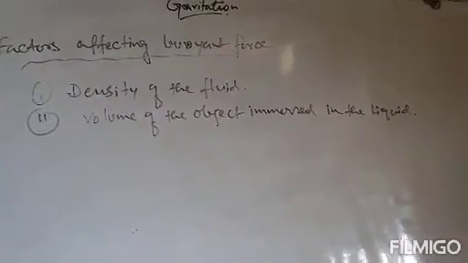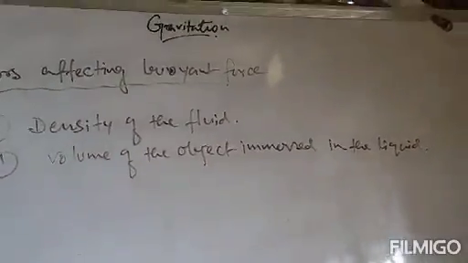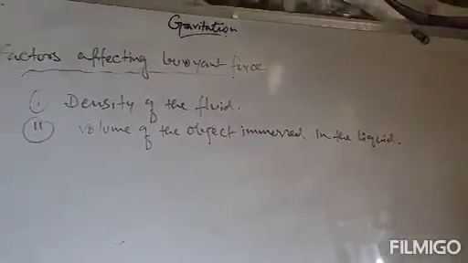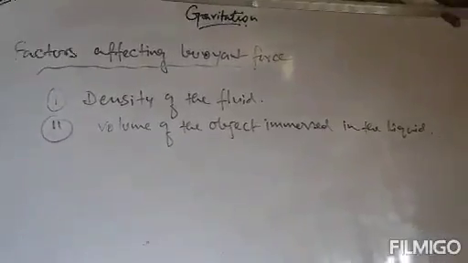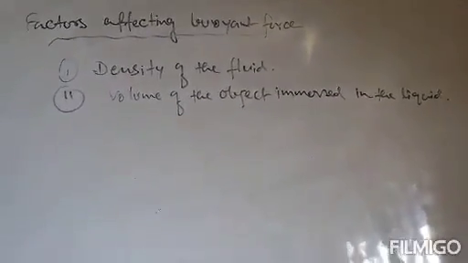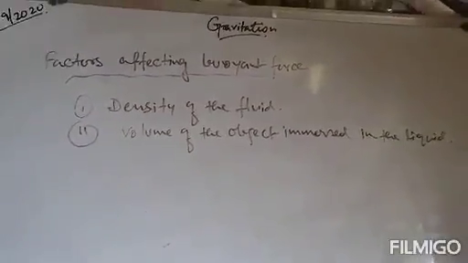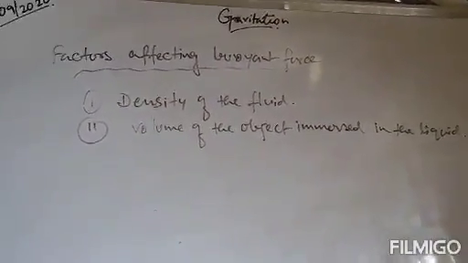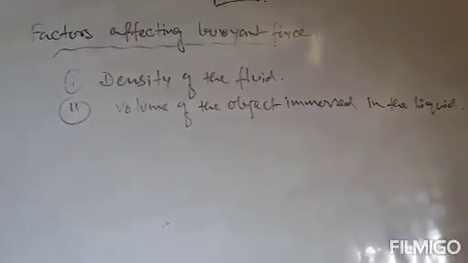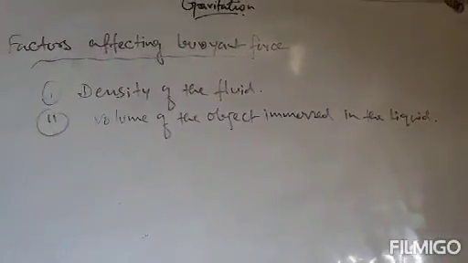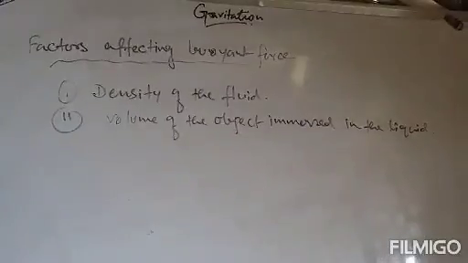That is the reason why it is easier to swim in sea water in comparison to normal water. The question is asked: why is swimming easier in sea water compared to normal water? The answer is, in sea water the density is much higher in comparison to normal water. That's why it is easier to swim in sea water.